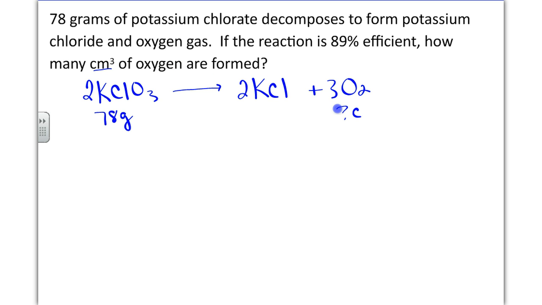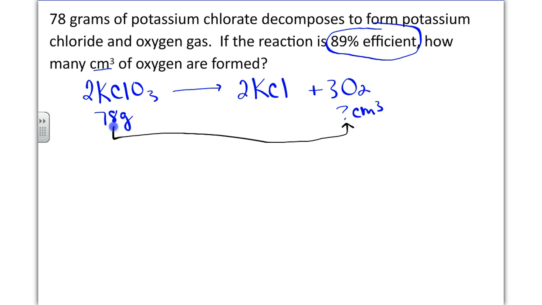So question mark centimeters cubed. Also notice this reaction is only 89% efficient. I'm going to stoich from the potassium chlorate because it's my only reactant, therefore it is the limiting reactant by default. So stoich from 78 grams of potassium chlorate to centimeters cubed of oxygen.